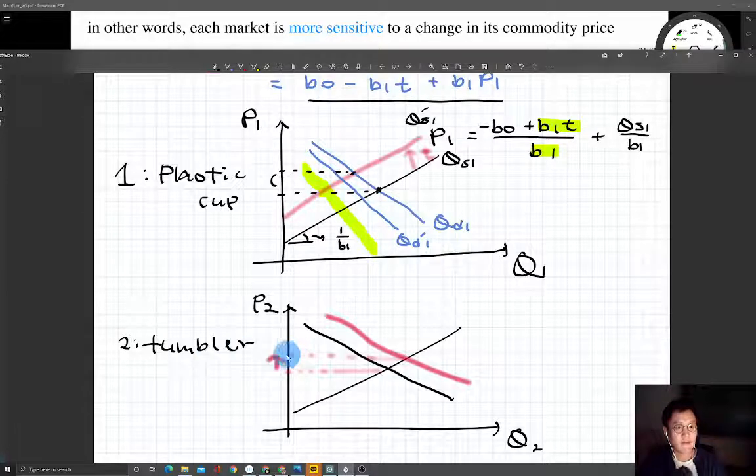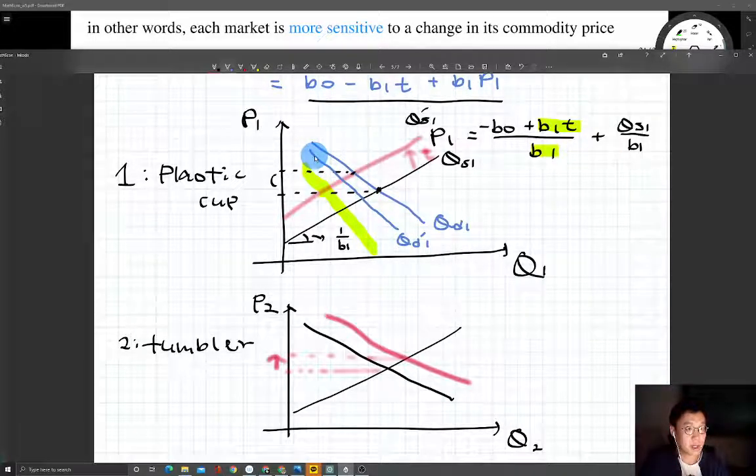If you are very sensitive, you are reluctant to purchase this tumbler, meaning that you are reluctant to switch from market 1 to market 2. In the end, the reduction of this demand due to tax will be small. So the equilibrium price occurs at this intersection.